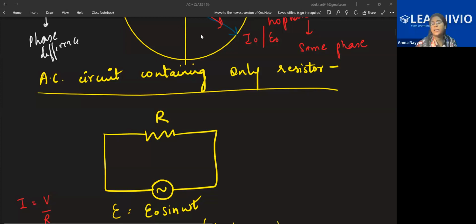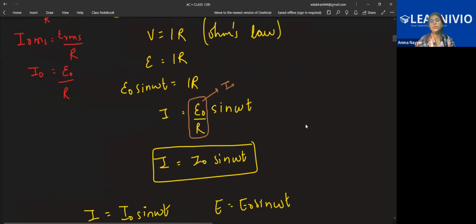So, basically in the AC circuits having only resistor, what all things you need to know and what all things are important. Firstly, when you do this in derivation, I is equal to I naught sine omega t, and E is equal to E naught sine omega t. This shows that both of them are in the same phase because you cannot see an extra angle anywhere.